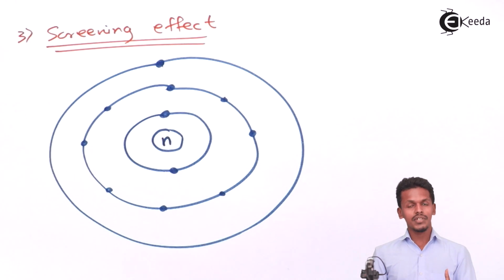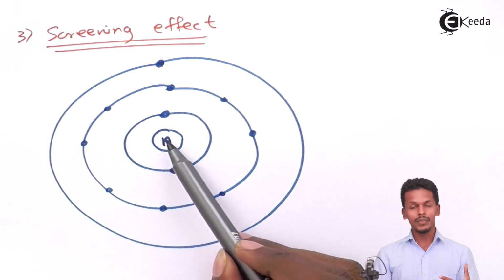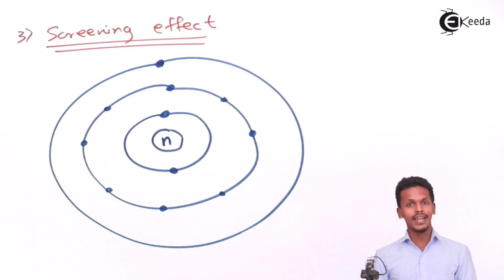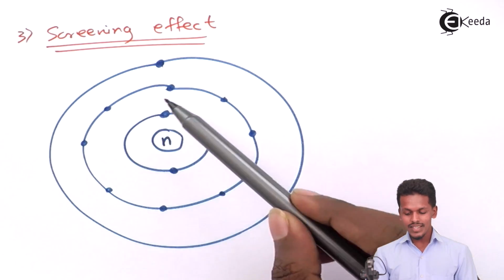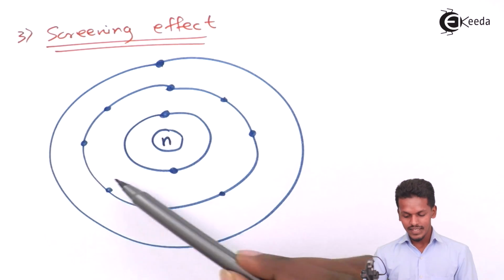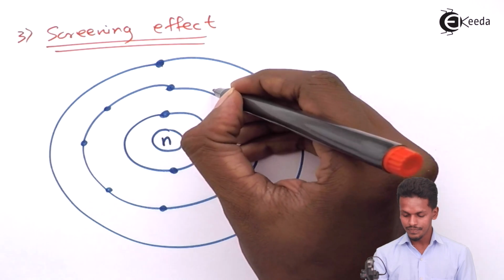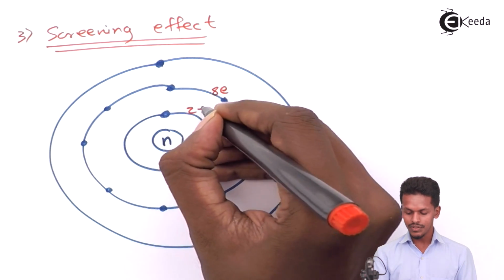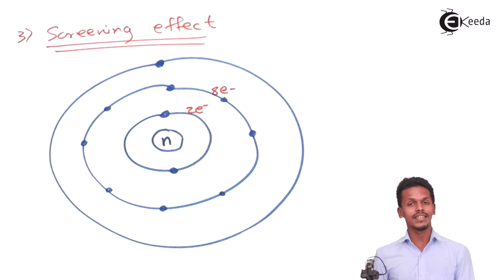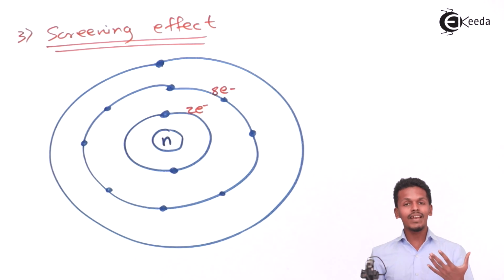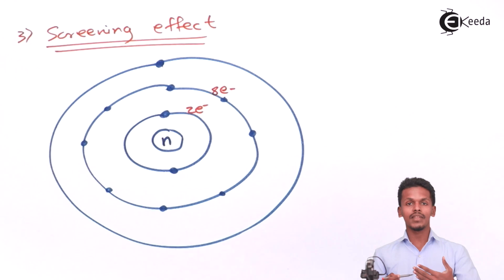Since the nuclear charge is nothing but the attraction of the nucleus with the outermost electron, but as you can see, there are inner electrons also. This means the inner 8 electrons and the inner 2 electrons present in this case. They will resist, or make a screen, so as to lower the attraction of the nucleus with the outermost electron.